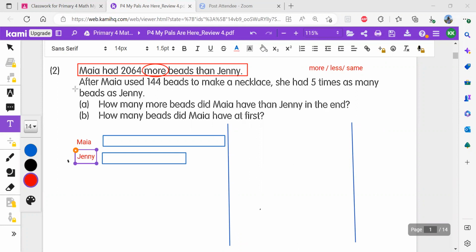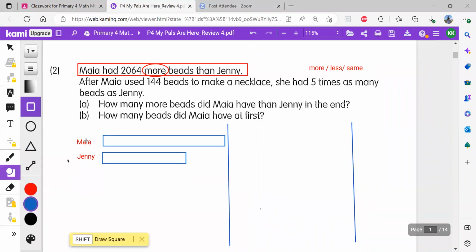So let's continue to draw. Maya has 2,064 more beads than Jenny. Does that mean Maya has 2,064 in total? No. Maya has 2,064 more than Jenny. So how do I show that?